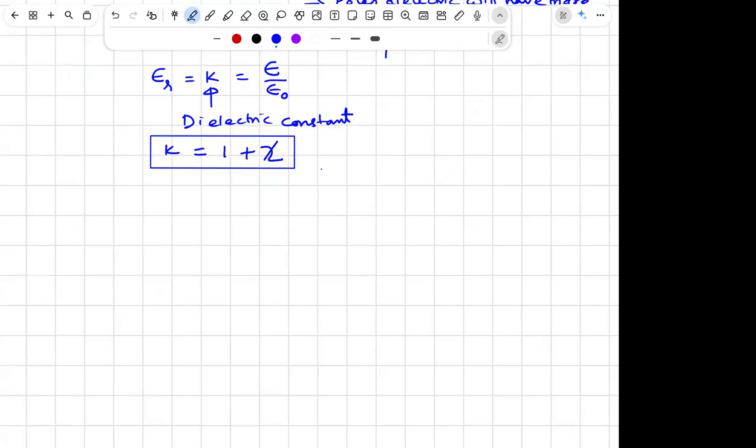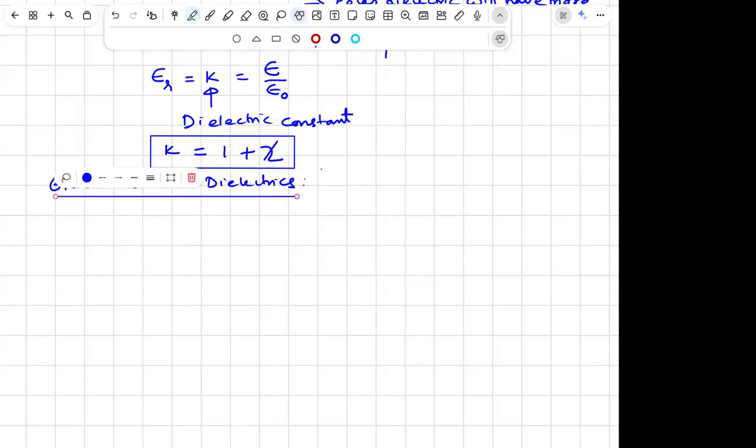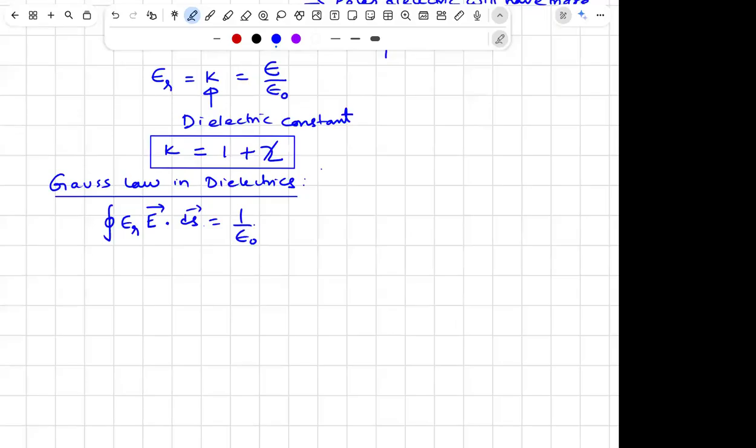Yes or no? Sure. So Gauss law in dielectrics, anyway, I will write once to conclude. I don't derive it. You will simply write this as epsilon r times E bar dot ds bar is 1 by epsilon naught times Q free.